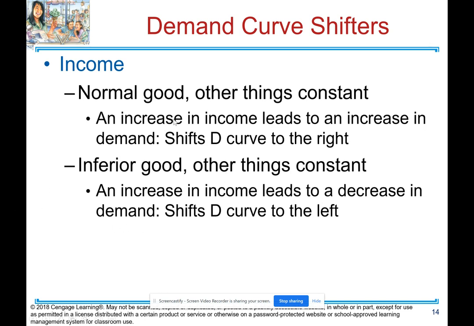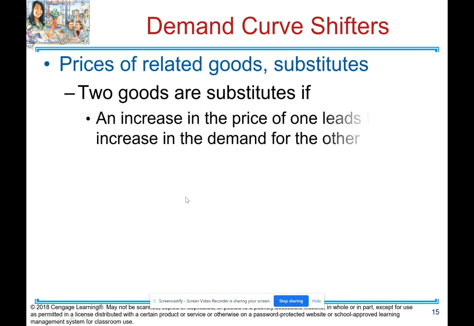In other words, for a normal good, there is a direct relationship between income and demand. If income goes up, demand increases. If income goes down, demand decreases. An inferior good has a negative relationship. When income increases, demand decreases. When income decreases, demand increases.